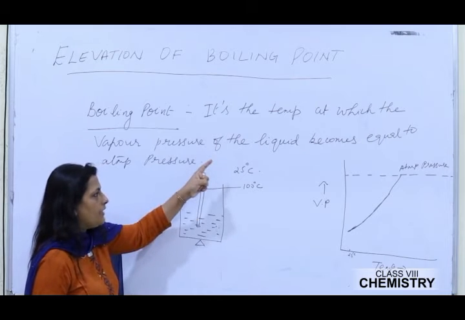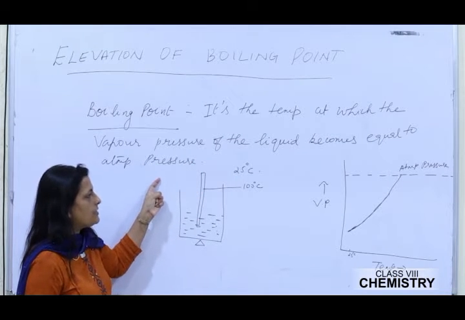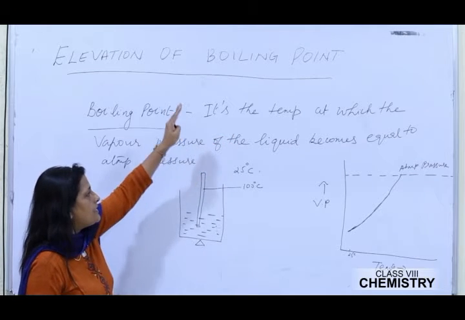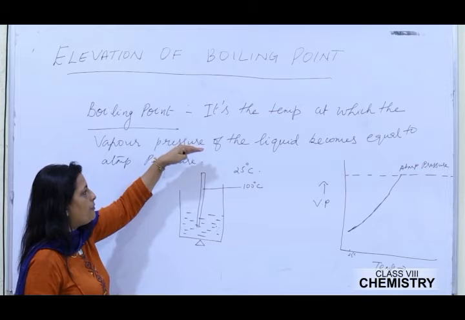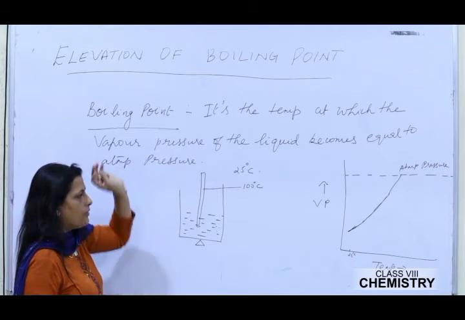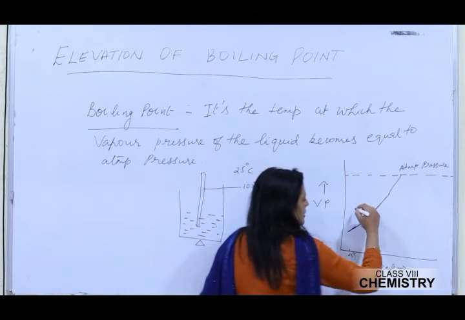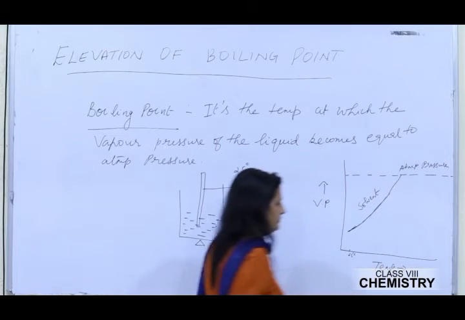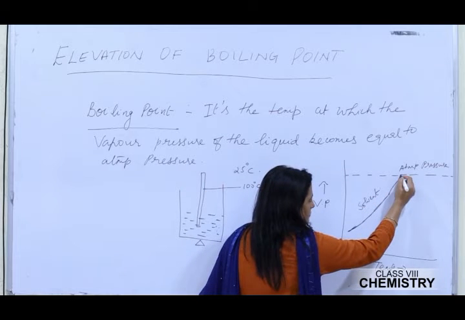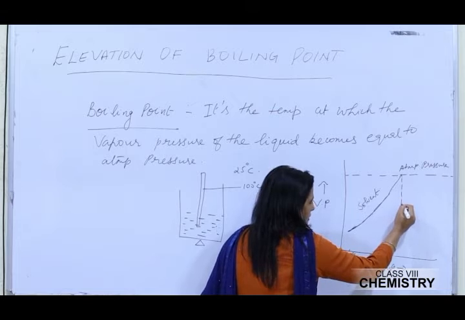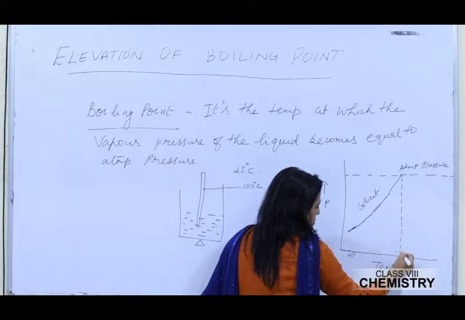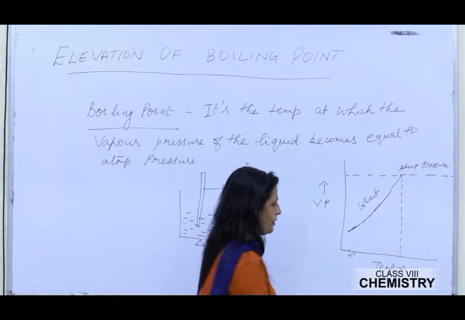Once the vapor pressure of a liquid becomes equal to atmospheric pressure, it has reached the boiling point. This curve is the vapor pressure curve for the solvent, and the temperature at which the vapor pressure of the solvent becomes equal to atmospheric pressure is known as the boiling point of the solvent.